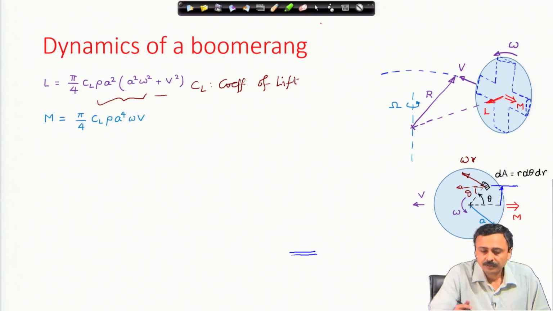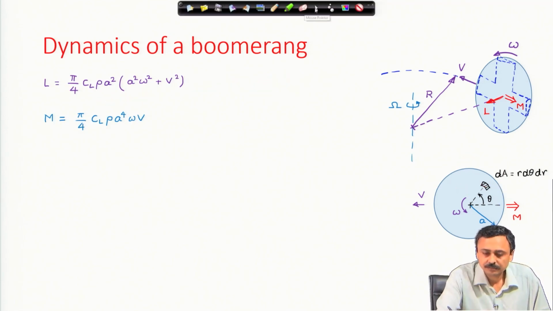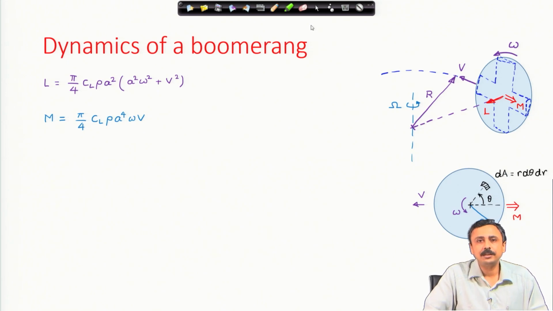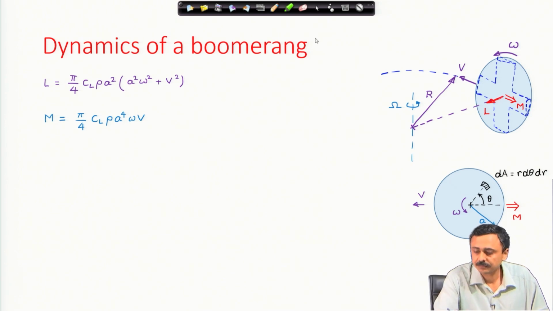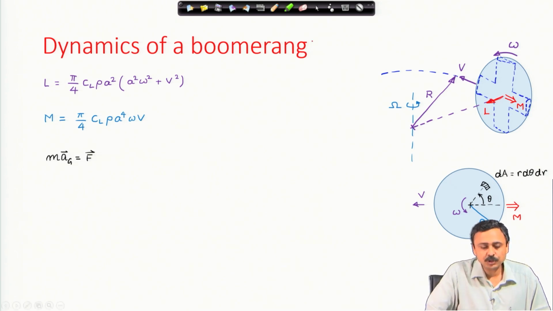Now, therefore, I have this lift and the moment because of the lift. Now, equations of motion. Newton's second law for the center of mass: mass times acceleration of center of mass must be equal to net force acting on the boomerang.